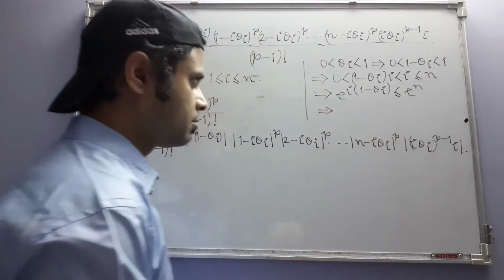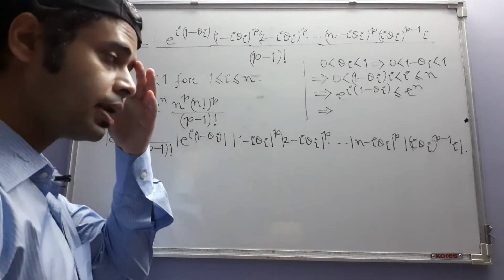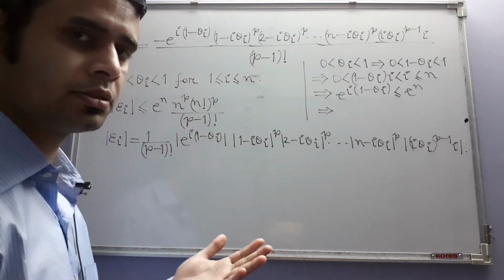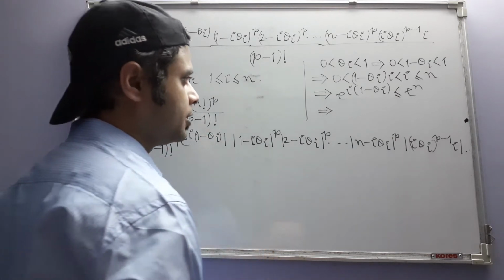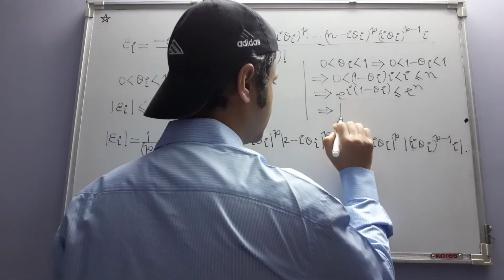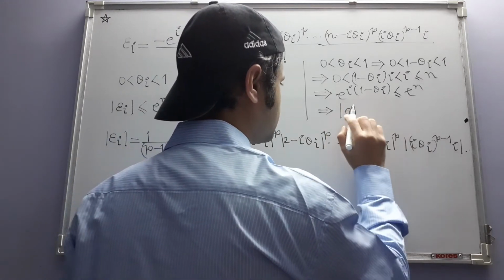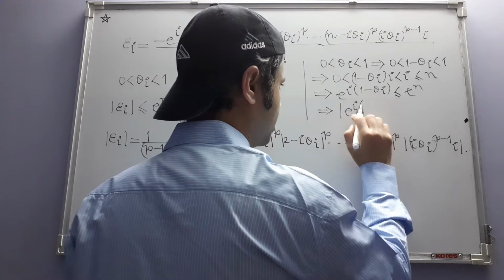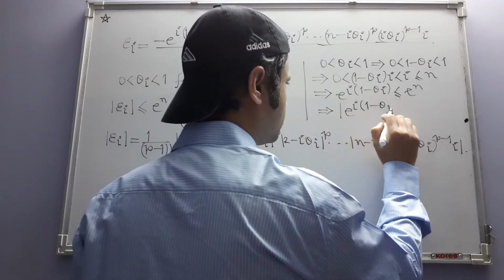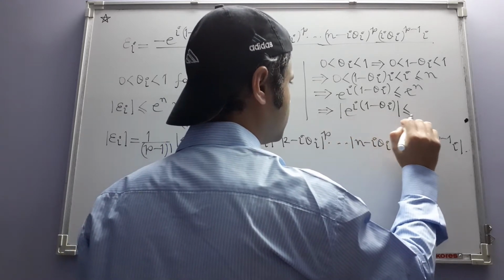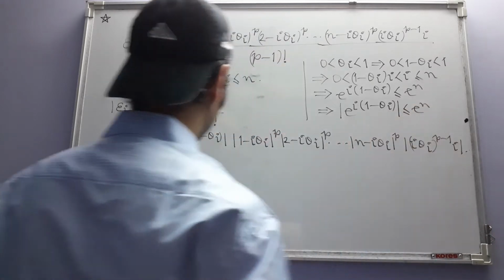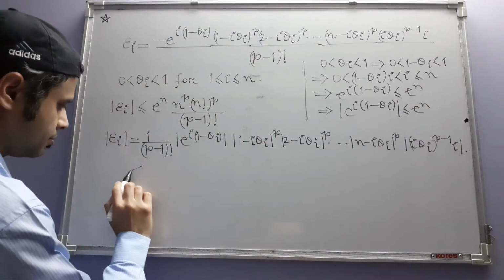And because the real exponential function is always positive, it is never 0 and it is never negative, this is equal to its own absolute value, less than or equal to e to the power n.